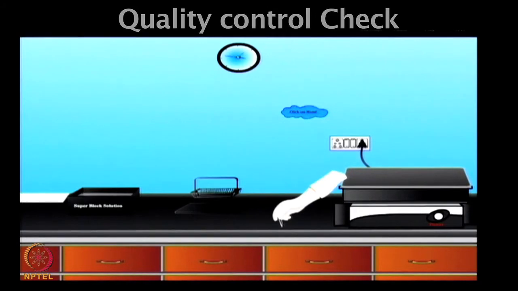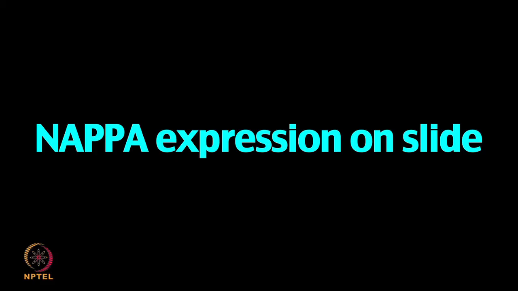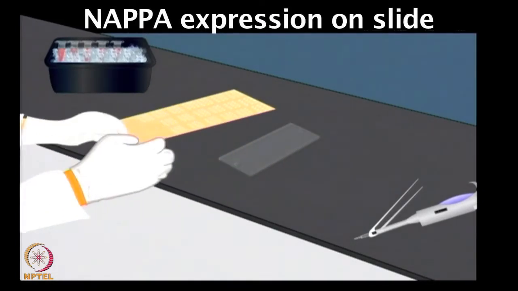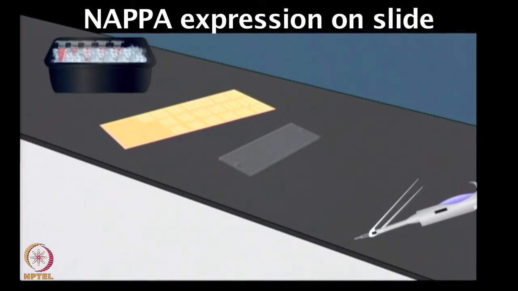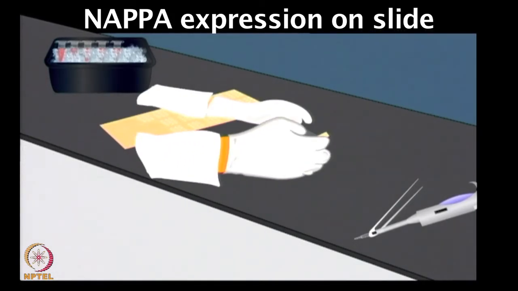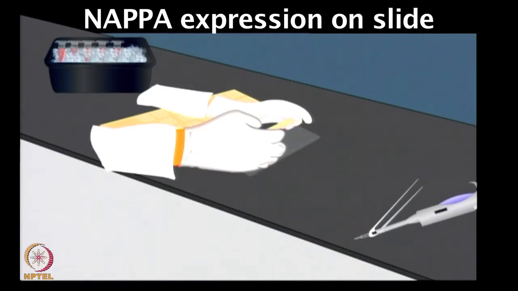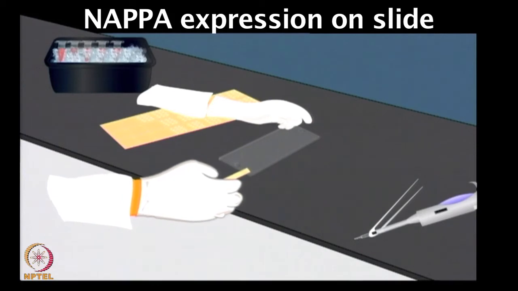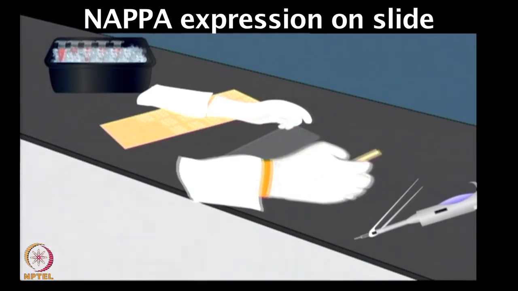Block the chips with the SuperBlock for an hour, and after blocking is done, then we can use the PicoGreen mix to place on these printed slides. So, let us first look at the NAPPA expression on the slide, and then I will describe scanning for both DNA printing and the protein expression at the same time.